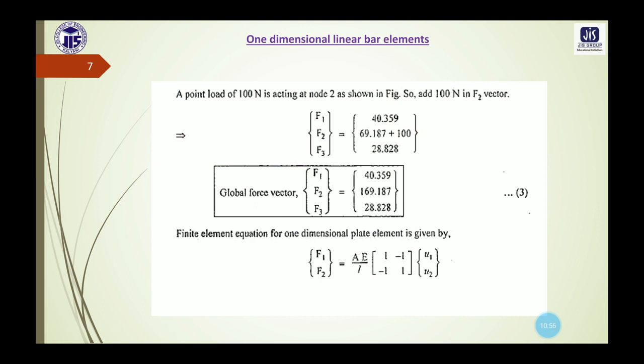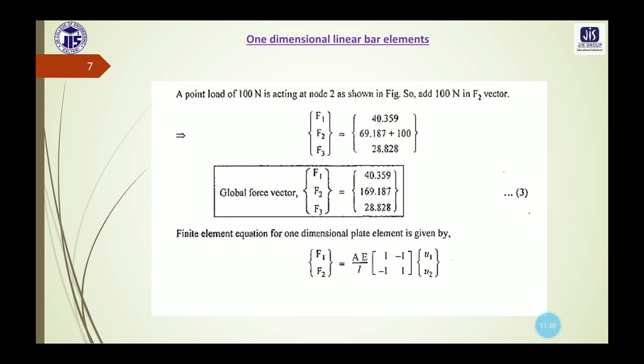Now a point load of 100 Newton is acting at node 2, so corresponding to the F2 term we need to add 100 Newton. So finally the global force vector is equation number 3, which is the column matrix of 40.359, 169.187 and 28.828.